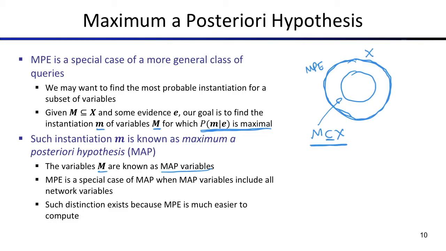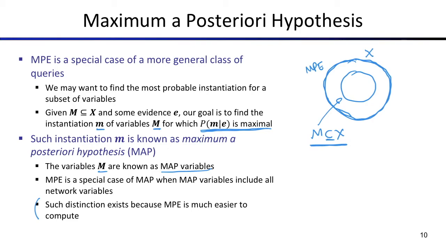There is this distinction between MPE and MAP queries because MPE queries are much easier to compute. So we can come up with algorithms specialized for MPE that are faster than the algorithms for MAP. The reason that MPE queries are easier than MAP queries is quite easy to understand, and we'll look at that in more detail in a lecture specific to MPE and MAP queries.